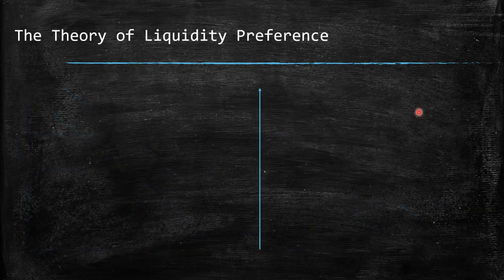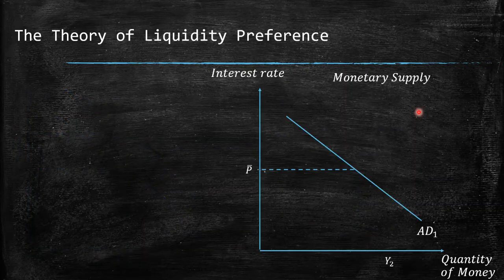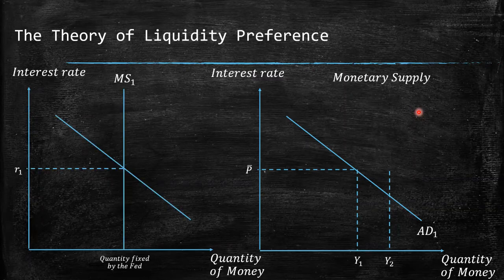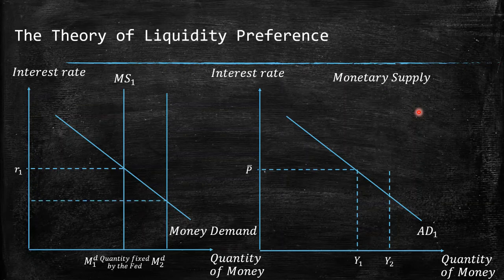Okay, so here we have this other representation. When we have an increase, for example, in the money supply and a decrease in the interest rates, likely we're going to face an increase in investment because of the lower interest rates.